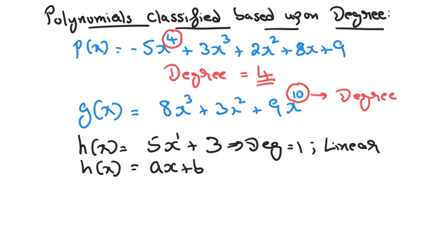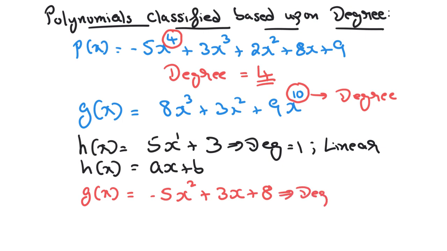Okay, let's look at another one. G of x is equal to minus 5x squared plus 3x plus 8. What is the degree of this polynomial? The degree of this polynomial is what? 2. Good. Because the degree of this polynomial is 2, it is called a quadratic polynomial.